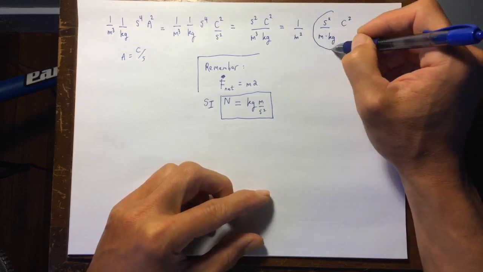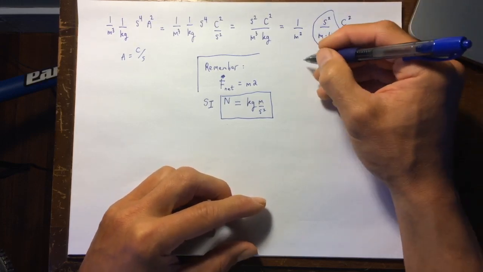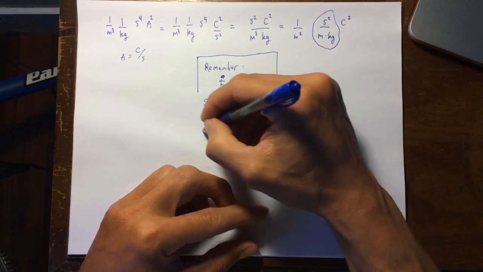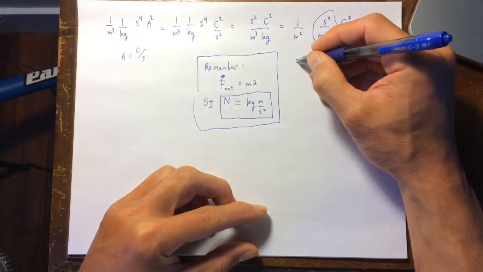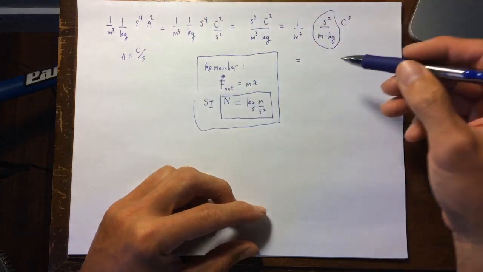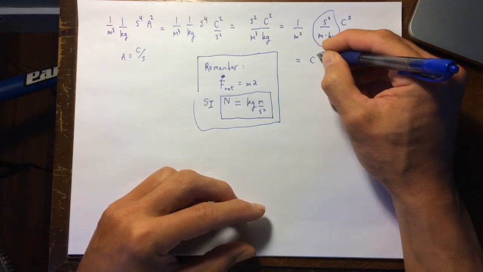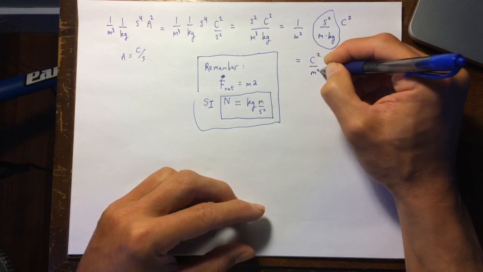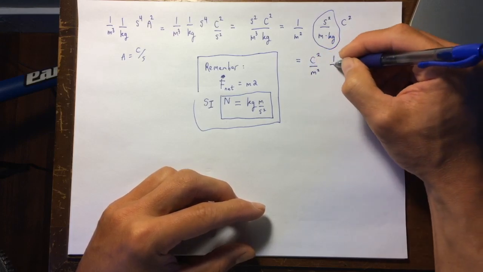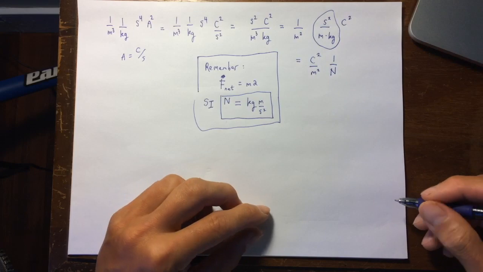So here is where the Newton is. Let me close this off in a box. So this set of units is actually the following thing: Coulomb squared per meter squared, 1 over the Newton.